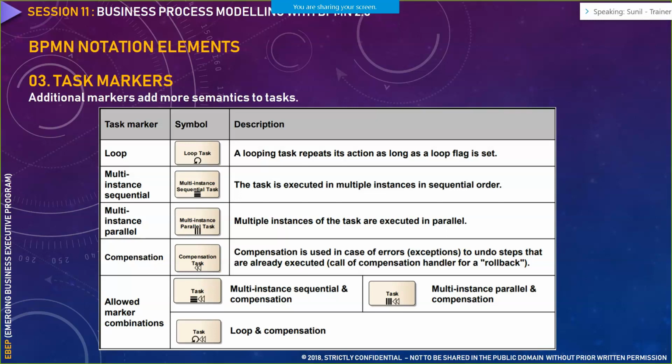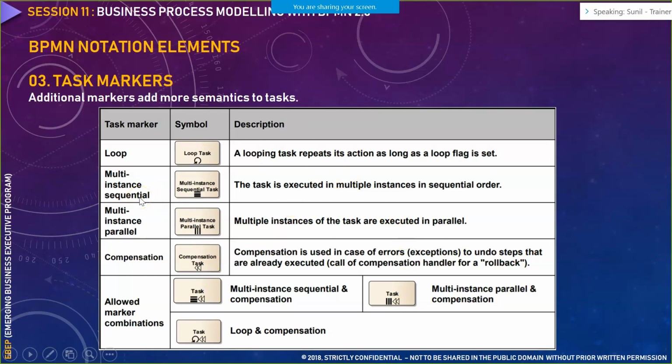This switching of information or searching of information from one hotel to another is something you can create or show with the help of loop task. Until and unless the task is completed, it is repeated multiple times.